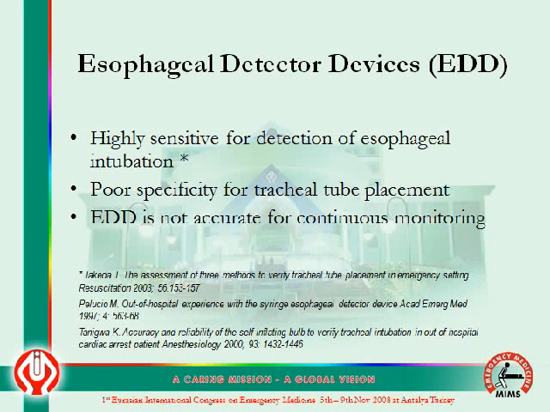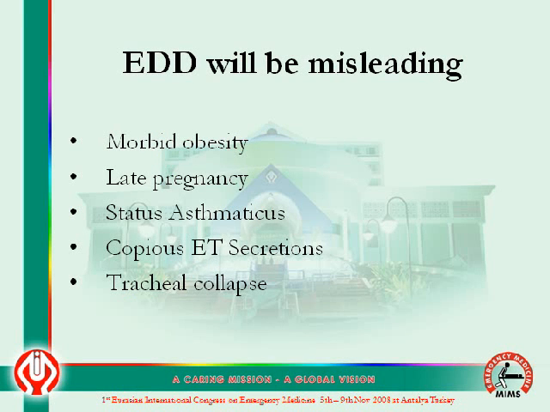Esophageal detector devices are highly sensitive for detection of esophageal intubation, and they have a very poor specificity as far as tracheal tube placement is concerned, and EDDs are not accurate for continuous monitoring. EDD will be misleading in certain conditions like morbid obesity, late pregnancy, status asthmaticus, copious endotracheal tube secretions, and tracheal tube collapse.